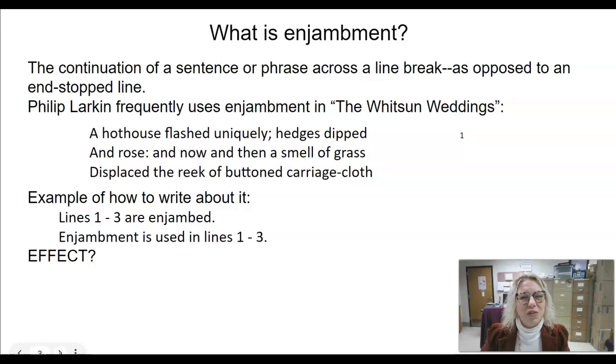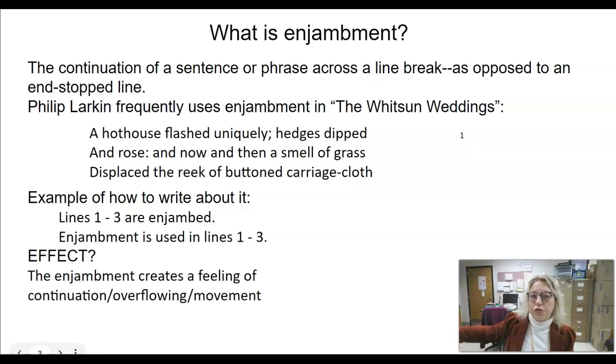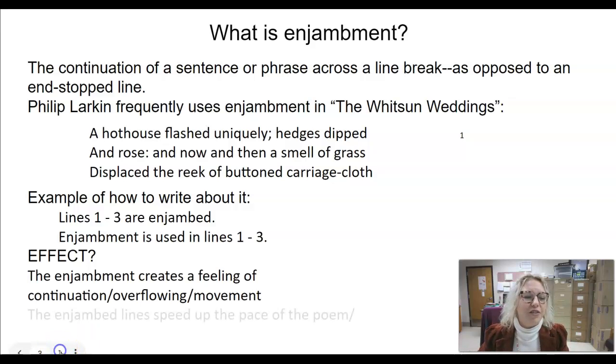So what are some different effects of enjambment? You could write about it this way. The enjambment creates a feeling of continuation, overflowing, movement. Those are all some possibilities. When I think of enjambment, I think of someone spilling paint on a tabletop, and then the paint drips off of the edge. That's enjambment. That dripping off.